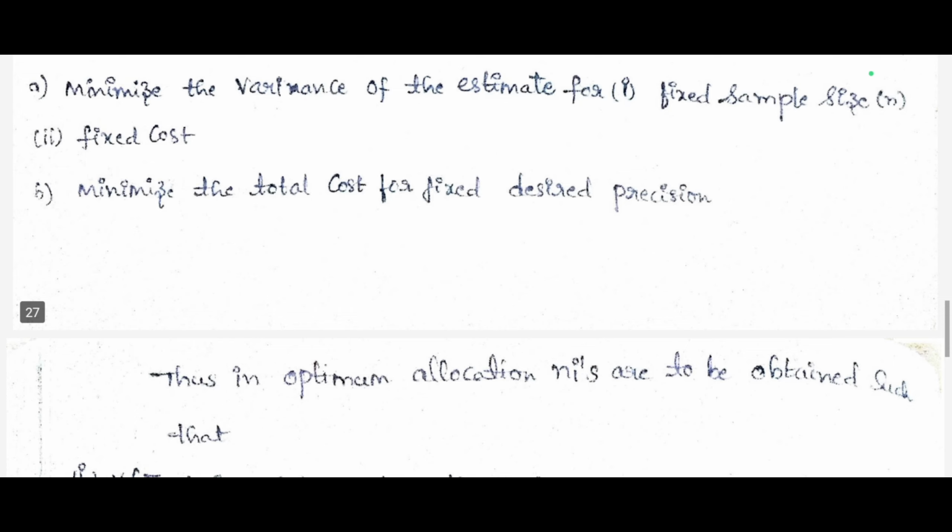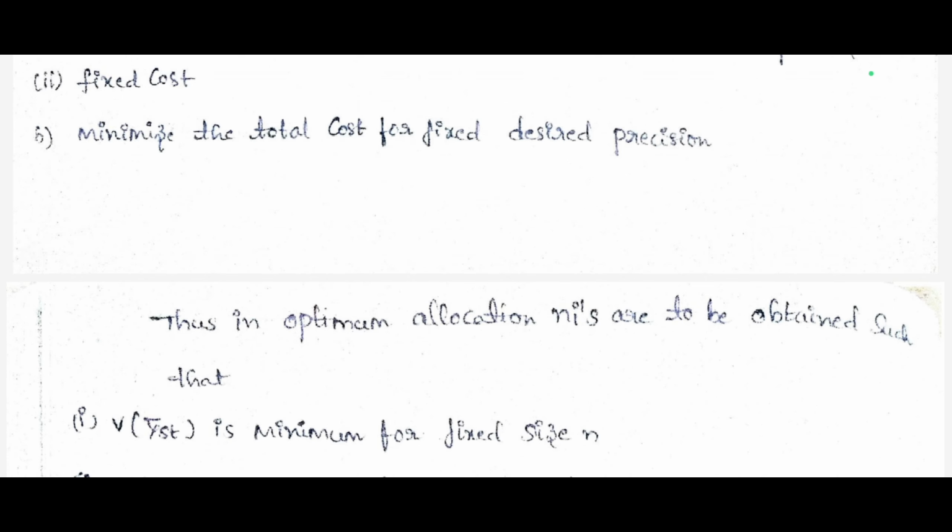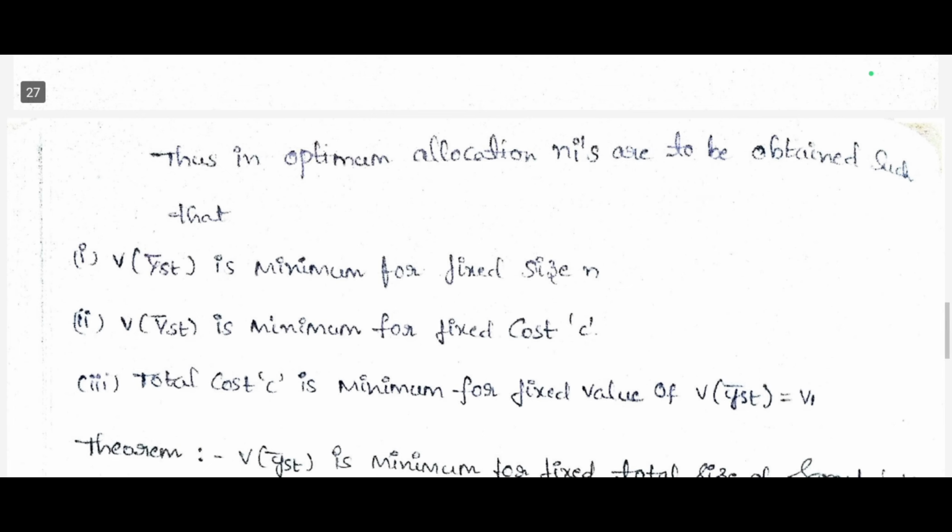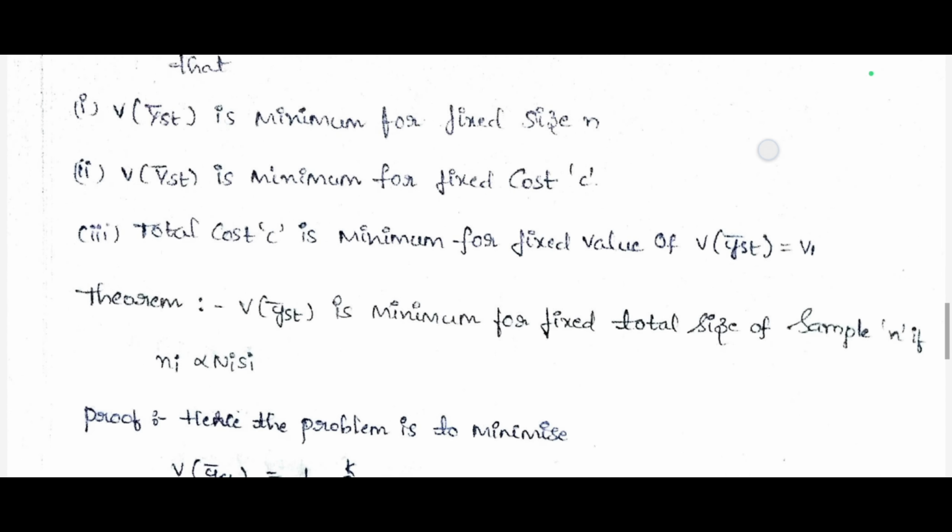In this optimum allocation, ni's are to be obtained such that the variance of y bar of st is minimum for fixed sample size, and the variance of y bar of st is minimum for fixed cost. The total cost C is minimum for a fixed value of the variance of y bar of st.